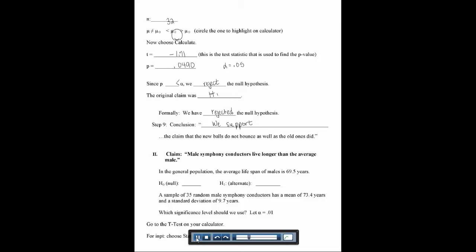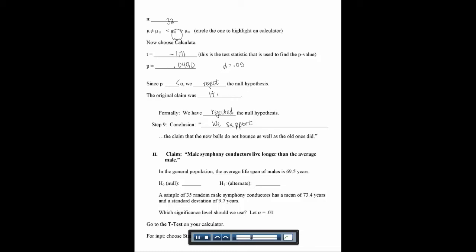So now I'm going to talk through, because I already have some of this written here. Our n was 32, and we want it to be less. Our claim is that they don't bounce as high. Now from our calculator, we get t is negative 1.71, and p is 0.0490.